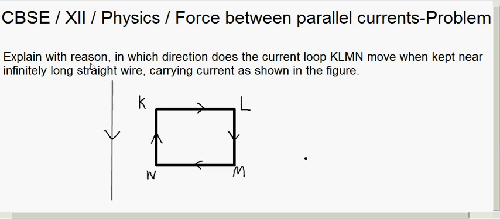Explain with reason. In which direction does the current loop KLMN move when kept near an infinitely long straight wire carrying current as shown in the figure?